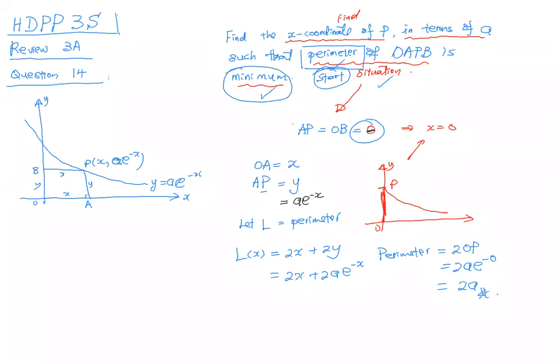Okay, in the exam, they can come up with a question like that. Why do you need to find L prime x in order to get the x coordinate that will result in the perimeter of OABP being minimum? If they ask you why like that, you have to explain to me. Okay, Shinran, try to explain.